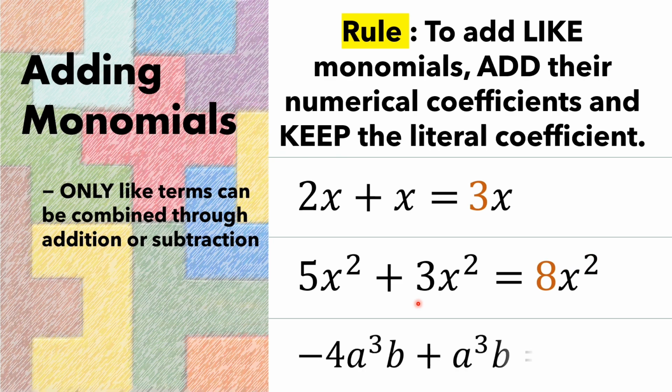Next one, negative 4a cubed b plus a cubed b: add their numerical coefficients. Negative 4 plus 1 is negative 3 and keep the literal coefficient a cubed b. So that is negative 3a cubed b.